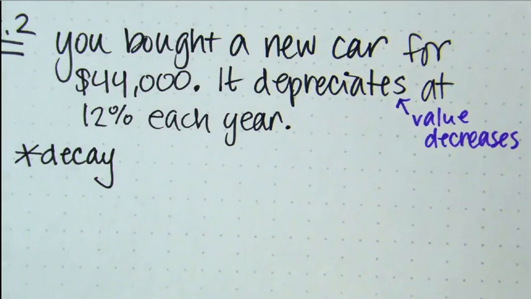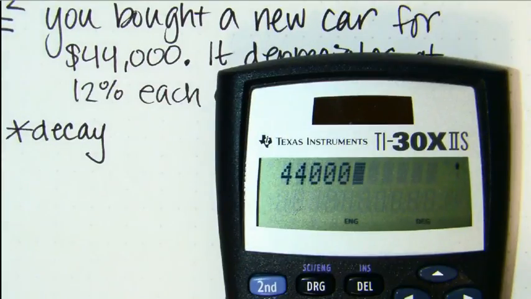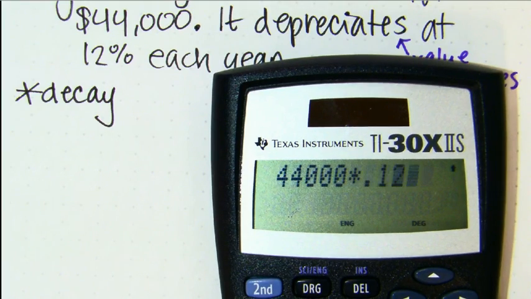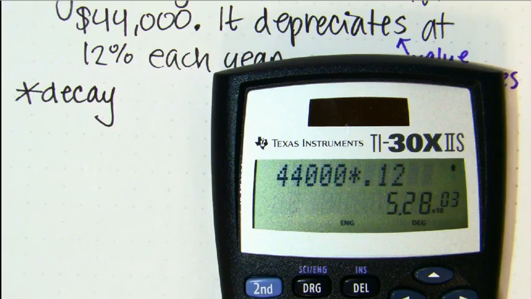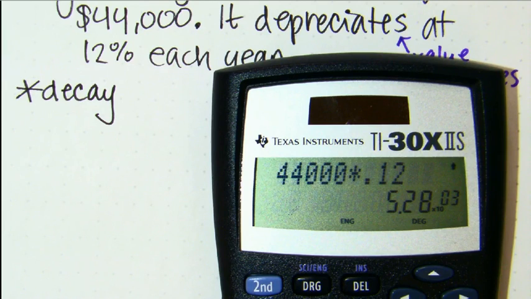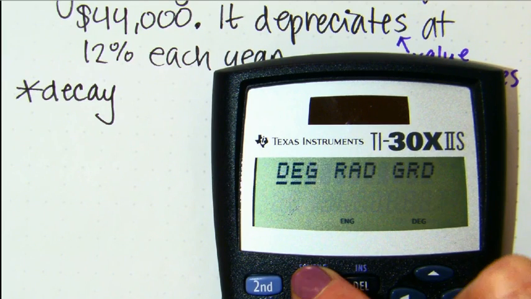Now, if we were to look at this as saying, if it depreciates 12% a year, you can kind of understand what's happening if we multiply 44,000 by 12%.